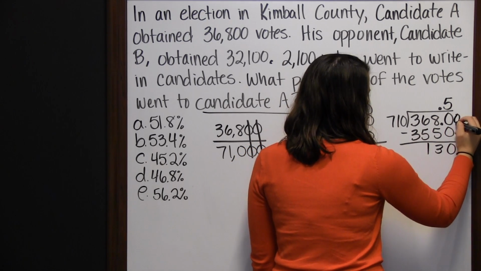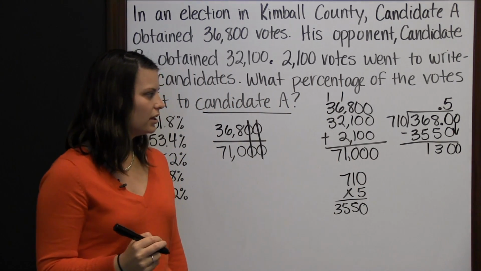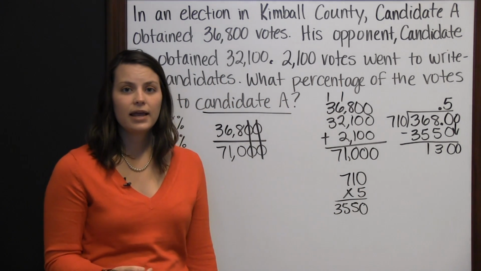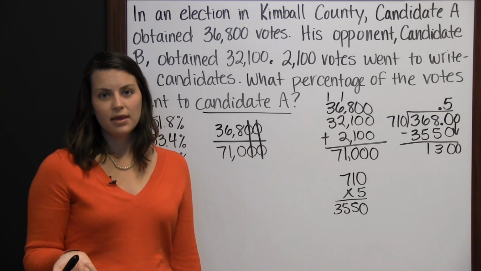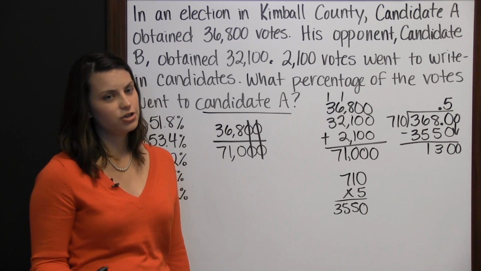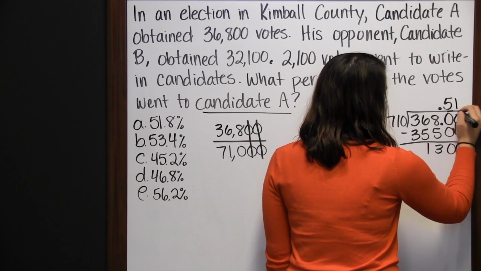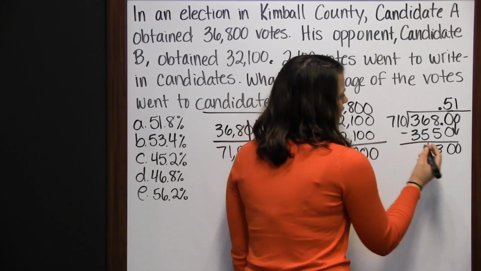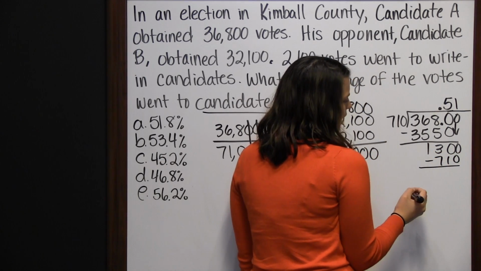Then we need to add a 0 and bring it down. 1,300. So 710, and it's only going to go into 1,300 one time because 700 plus 700 would be 1,400, and that's too much. So it's just one time. 710 times 1 is 710. Then we need to subtract.